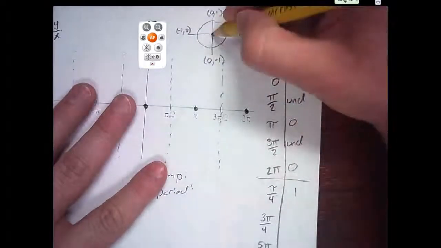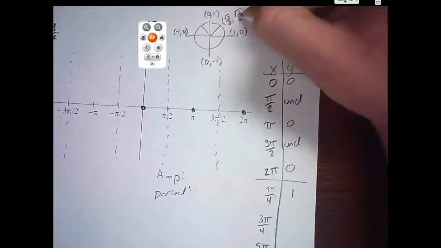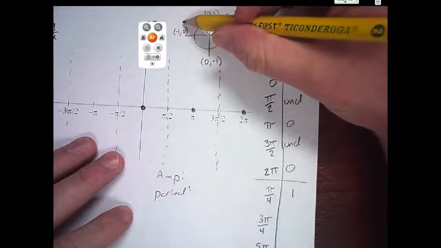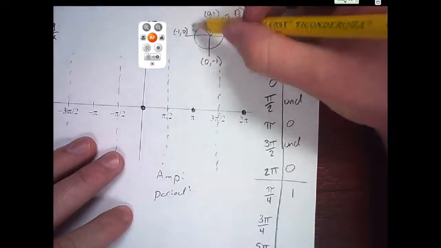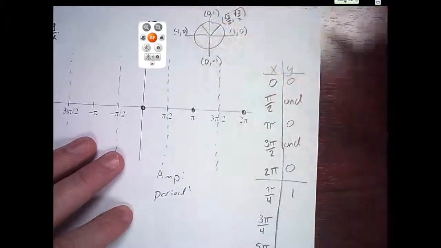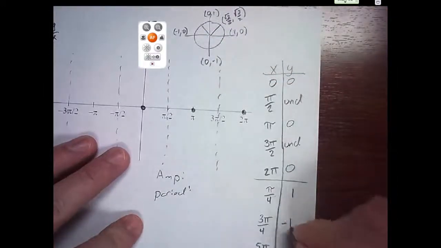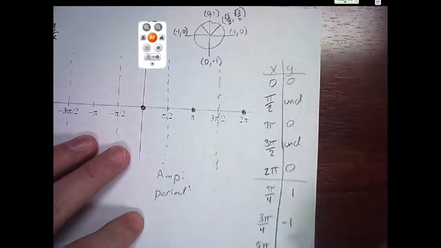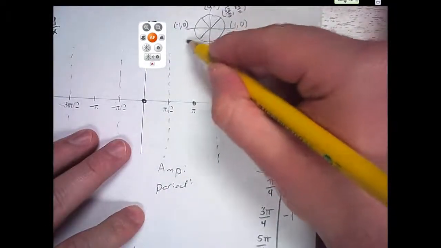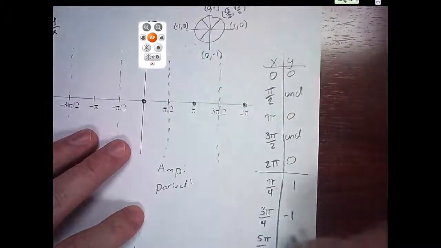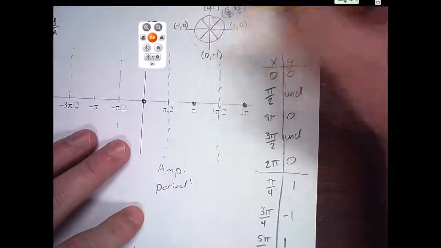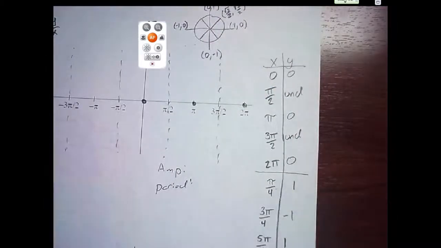In this quadrant over here, it's going to be the exact same points except the x value is negative. So they're both over each other again, so it's going to be 1, but I just have a negative there, so it's going to be negative 1. In the third quadrant, I have both negatives, and 2 negatives make a positive, so that's positive 1. And then over here, I have 1 negative again, so that's negative 1.